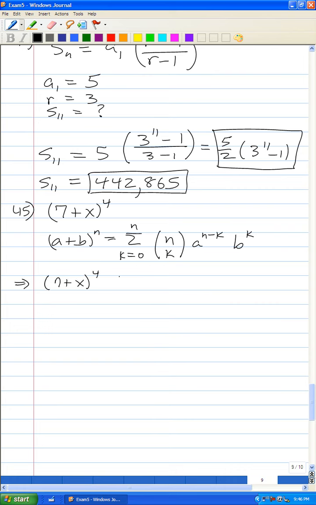And so (7 plus x) to the 4 is equal to, well, let's put that in.